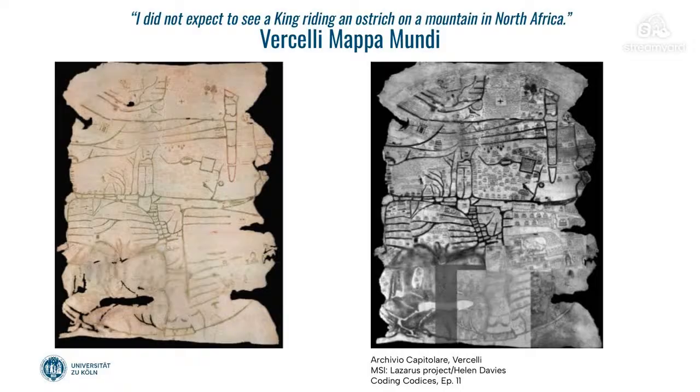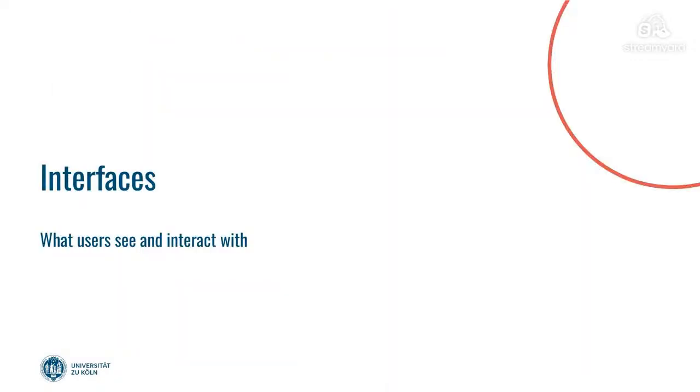There's a very nice podcast on Coding Codices about the MSI project in Rochester and also this specific manuscript. I think I also have it in the list of examples on the webpage. So here you can recover lost drawings on a medieval Mappamundi.